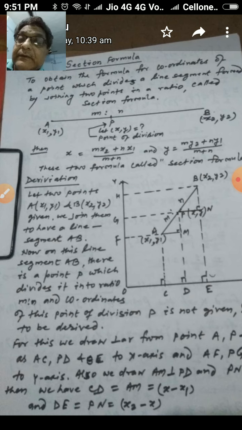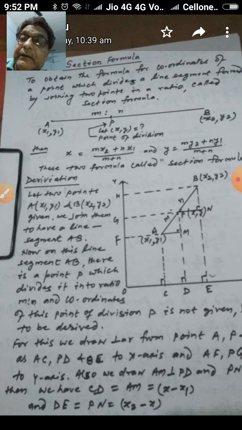Then that point is called the point of division of this line segment. Now we don't know the coordinates of that point of division for the line segment obtained by joining the two given points. So to find the coordinates of the point of division, both x and y coordinate, we have two formulae. That formula is known as section formula.